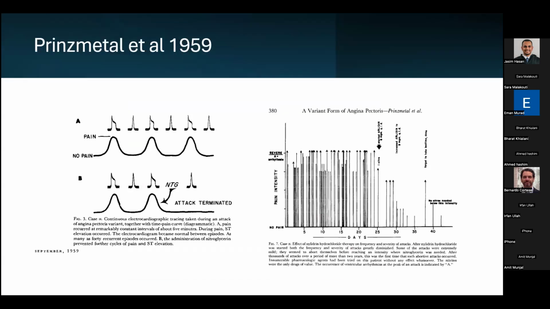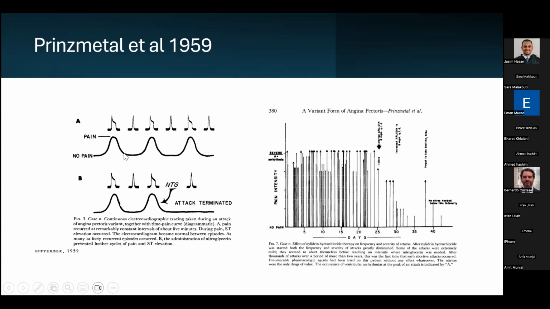It was first described by Prinzmetal in 1959. He observed that people come in with transient chest pain that responds to nitroglycerin. So he thought that it could be due to some sort of mechanism related to transient reversible causes. In diagram A here, he recorded the pain episode in relation to the ECG changes.